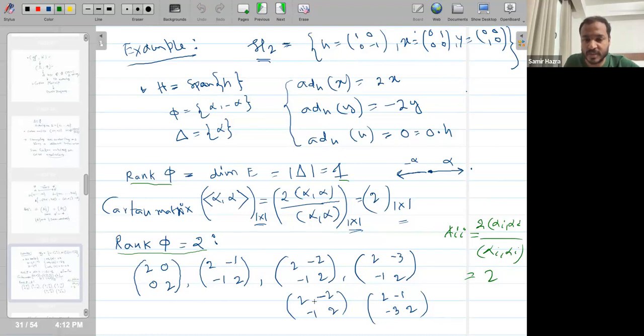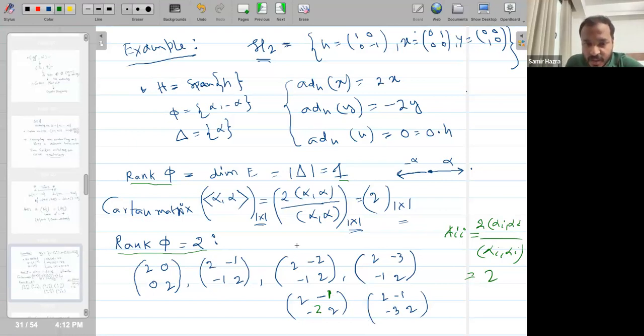Now we can also write the other way, so basically -1, -2, and similarly -1, -3. So we have the pairs -1, -1; -1, -2; -1, -3.